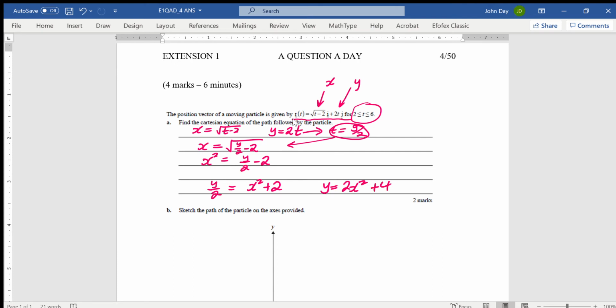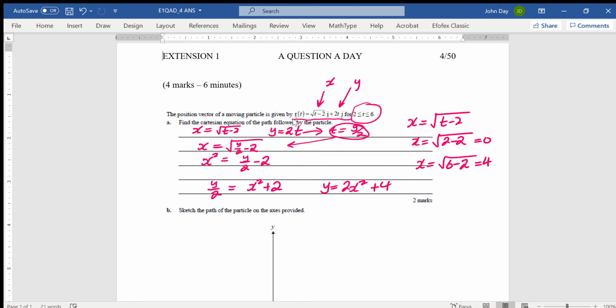And remembering that t goes between 2 and 6, x is equal to root of t minus 2. So let's see, when it's 2, x is root of 2 minus 2. And when it's 6, x is root of 6 minus 2.